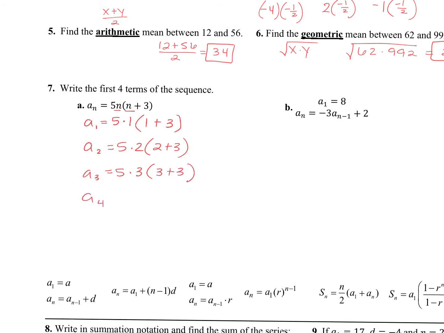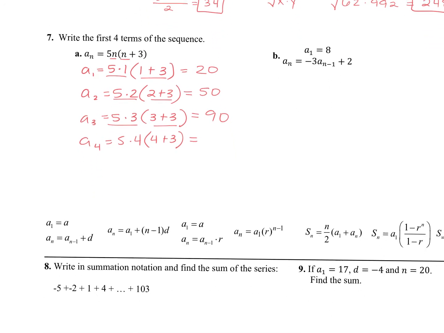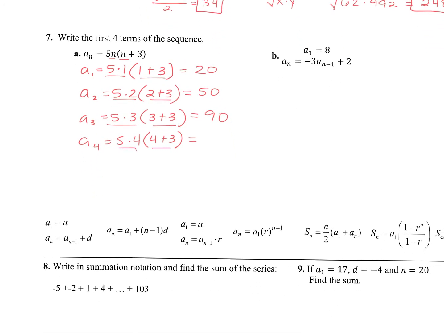And my fourth term is going to be 5 times 4 plus 3. So simplify each one of those and you will have all of your terms. So this is 5 times 4 is 20. 10 times 5 is 50. 15 times 6 is 90. And then 20 times 7 is 140. So your first 4 terms are 20, 50, 90, 140.